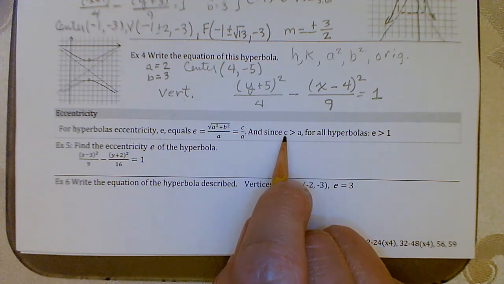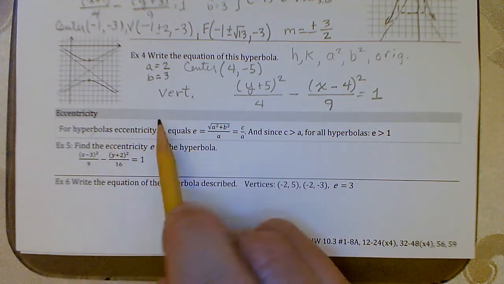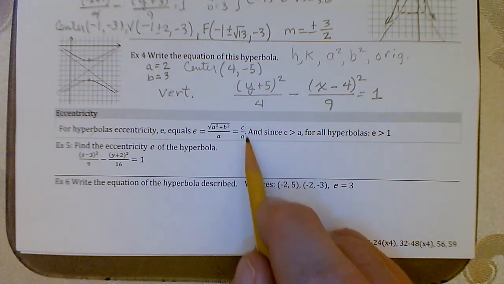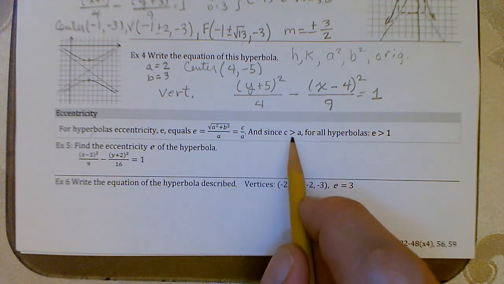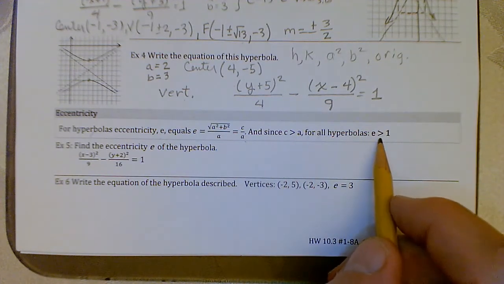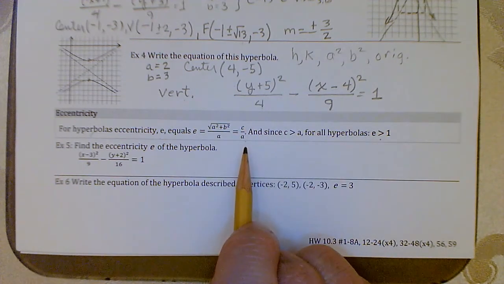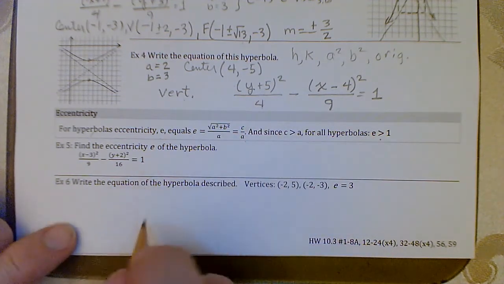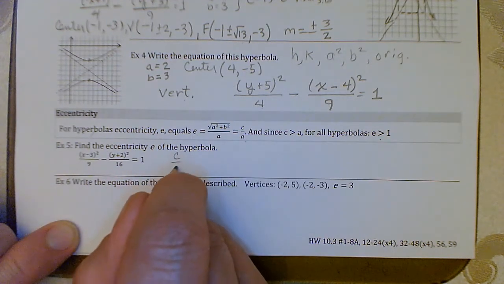And so in this case, c is bigger. It's still c over a, but c is bigger than a. And so for a hyperbola, the eccentricity will always be greater than 1. But it is still c over a, like we saw for an ellipse. So in this case, we just need to find c over a.